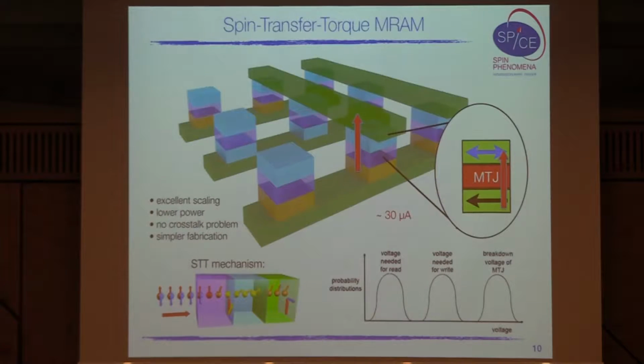So that's one part. Of course, the physics of spin transfer torque has been utilized, and is being utilized now, in memory technology. It scales quite well. It has lower power than the typical devices toggled with a magnetic field, and it has a simpler fabrication.